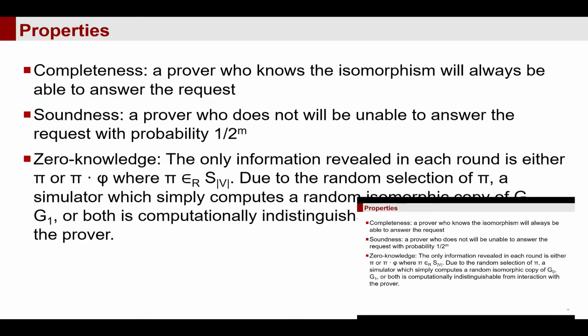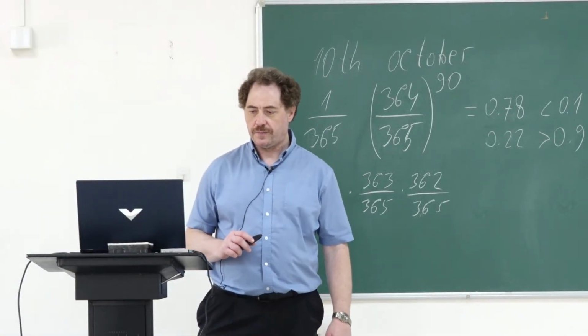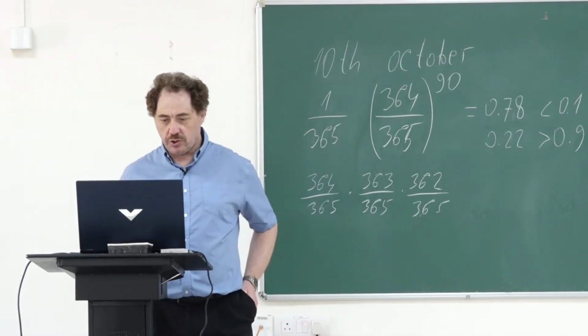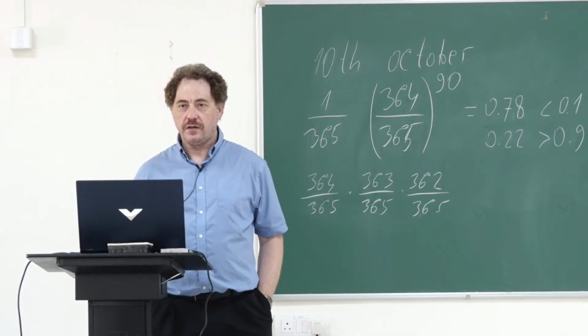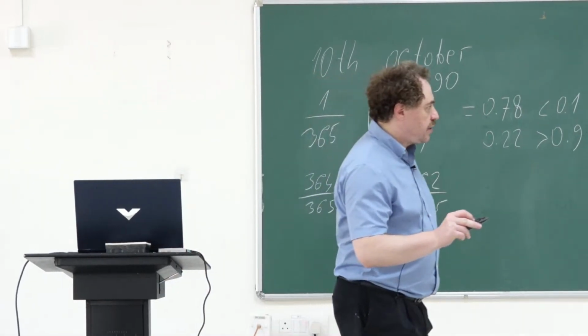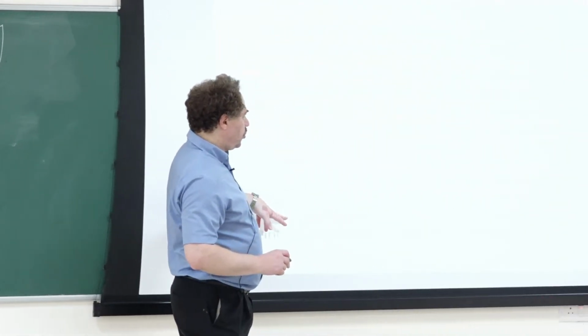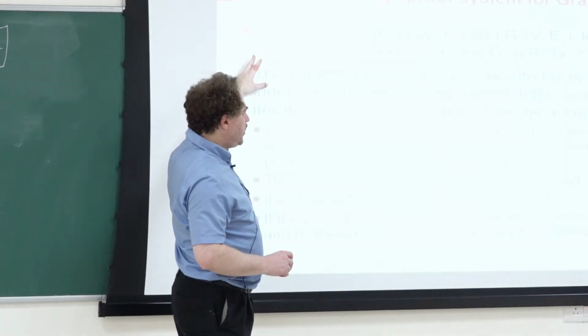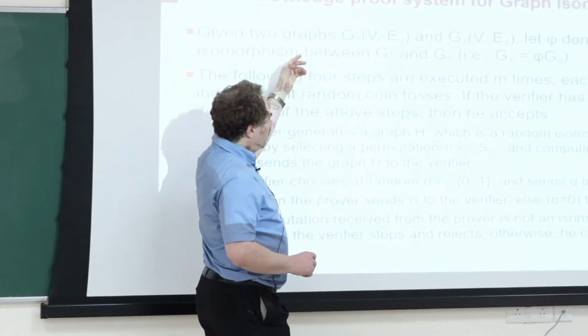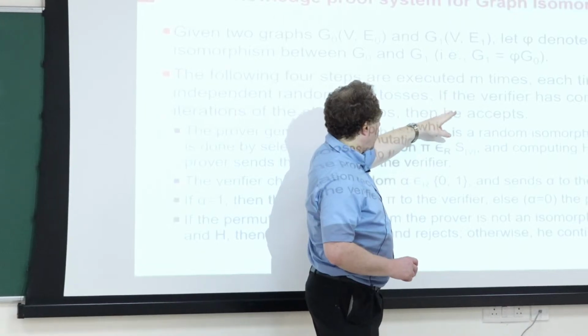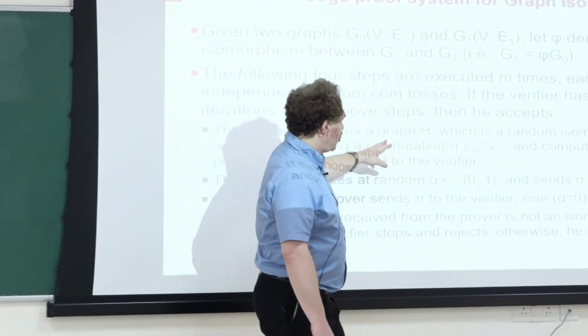Now properties. Completeness: if a prover knows the original isomorphism, that is phi, then the prover will always be able to answer the test. Soundness: if a prover does not know phi, the prover will still be able to calculate a random isomorphic copy of G1.